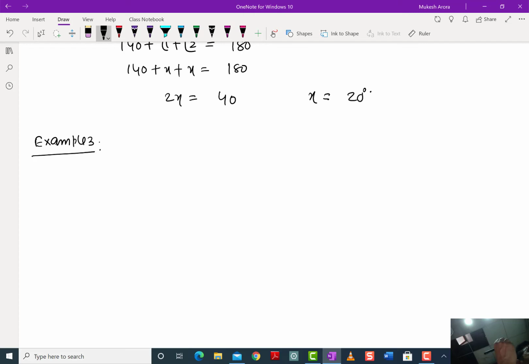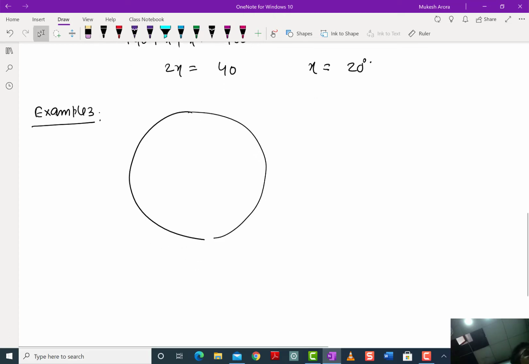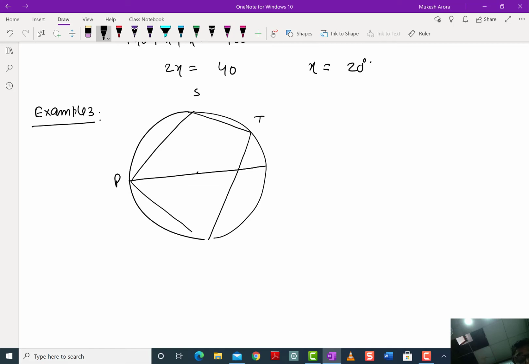In a given figure, O is the center of a circle. In a given figure, P, S, T and U. O is the center of circle.